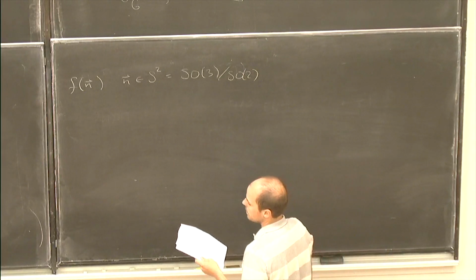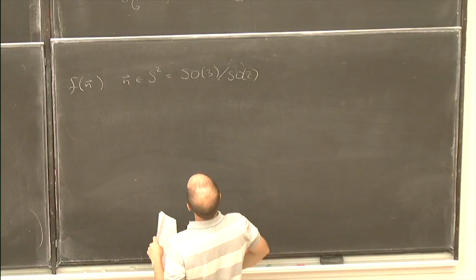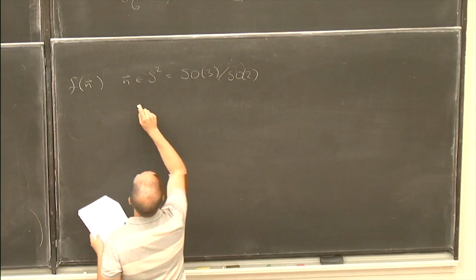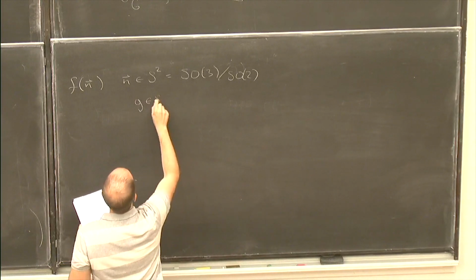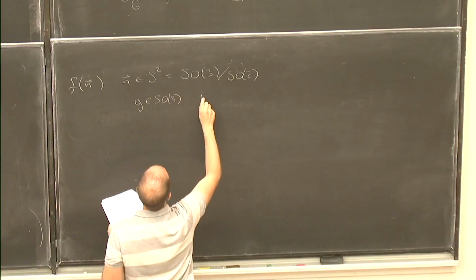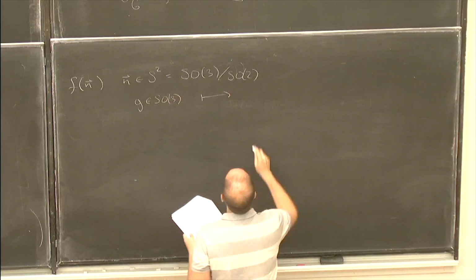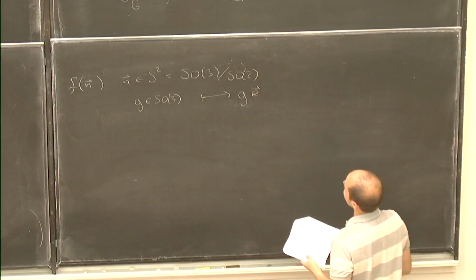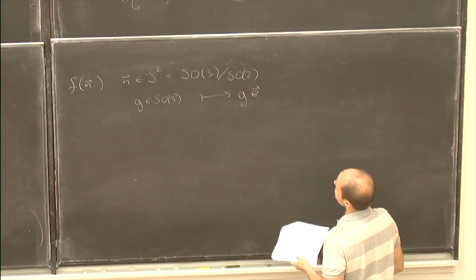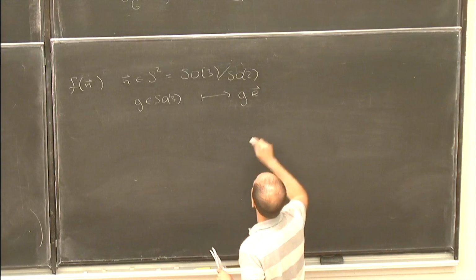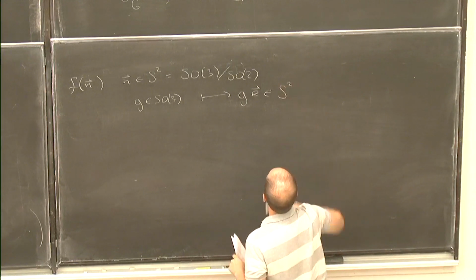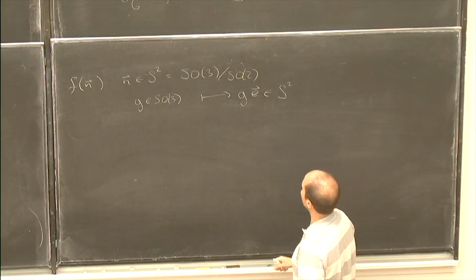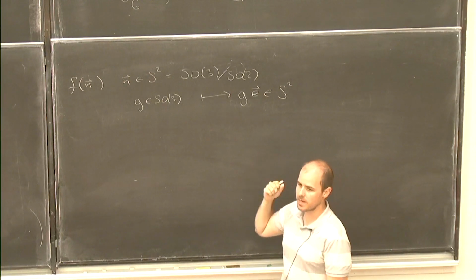And more precisely, there's a quotient map from SO3 to S2, and that's given by taking G in SO3 and mapping it to the image of some fixed unit vector E. So this is a map from SO3 to the 2 sphere. And this map is invariant under right multiplication by SO2.